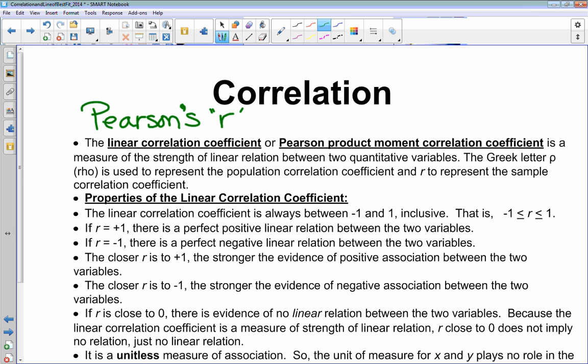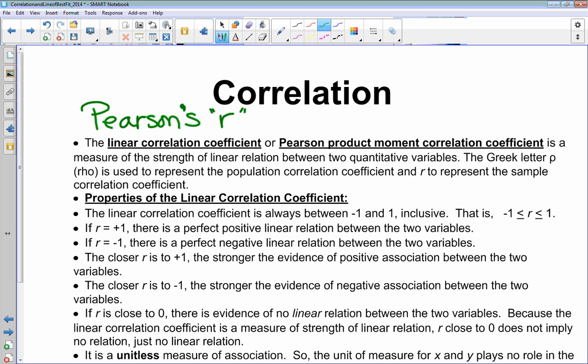Pearson's R. It's called that because Mr. Pearson, not the same testing company people, okay, but Mr. Pearson developed this number. And if you're interested in the formula, you'll read about it tonight. It's kind of crazy. If you want to calculate that variable by yourself, have at it.